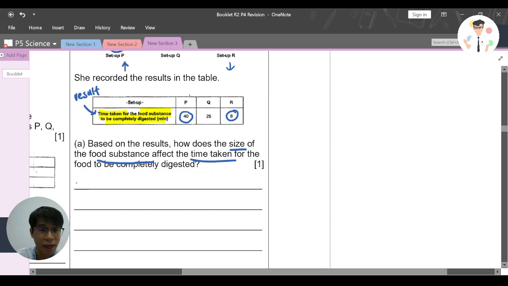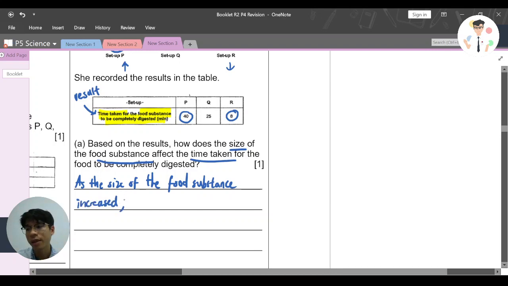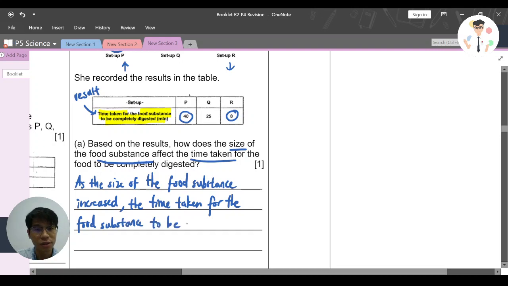You can write that as the size of the food substance increases, the time taken for the food substance to be completely digested also increases. So that is basically the whole idea here. I think it's simple, clear, good.